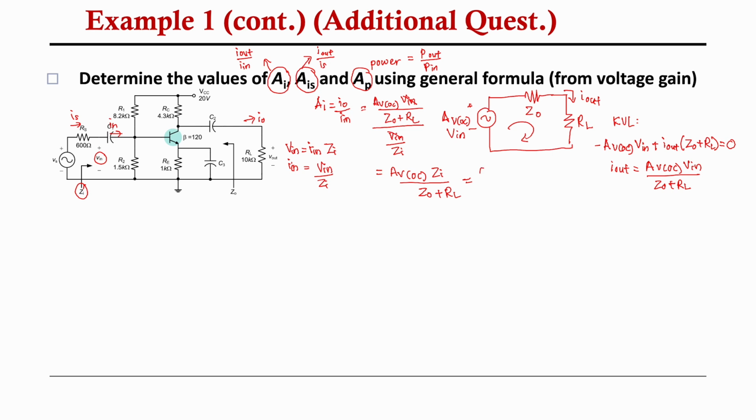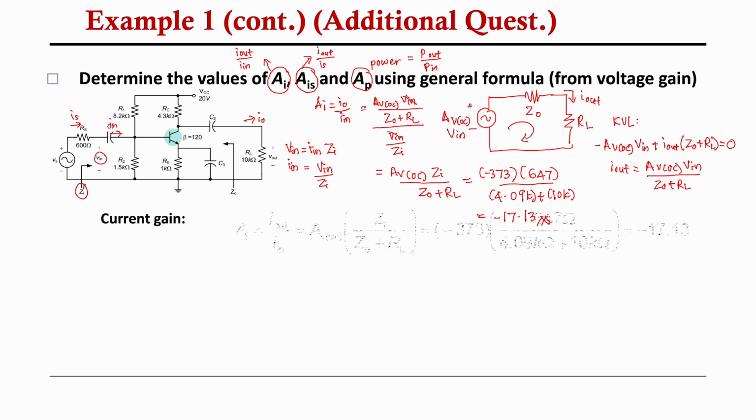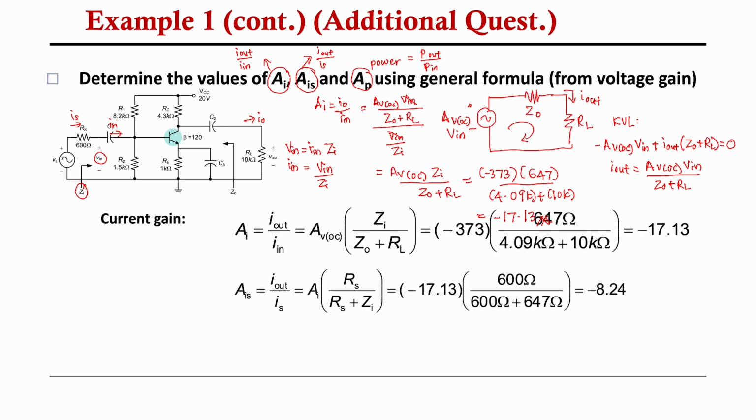AVOC is equal to negative 373, Z in is 647 ohm, Z out is equal to 4.09 kilo, plus RL is equal to 10K. So we will get the value of current gain to become negative 17.13. So this is the answer.